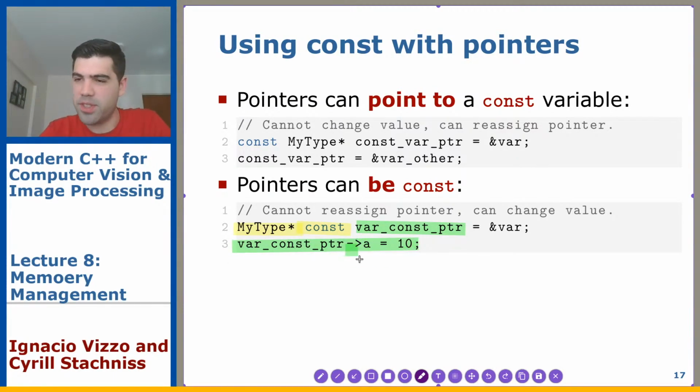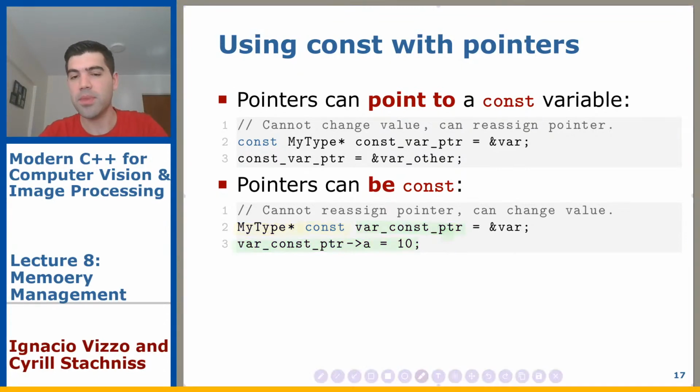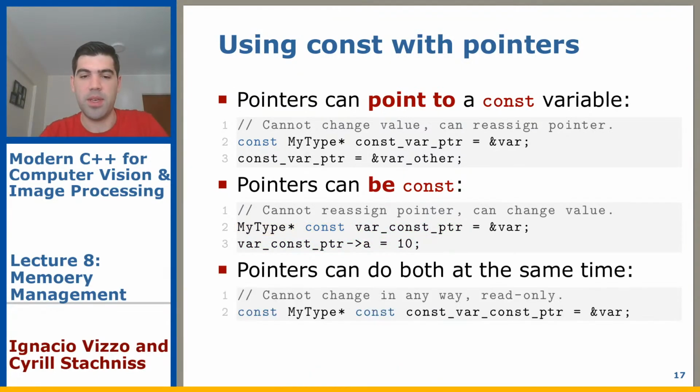No, yes, this you can do because a is any variable. What you cannot do is change the value of the pointer. This pointer is now const, so the address that it is storing cannot be changed. And then pointers can do both at the same time, so you can have a constant pointer to a constant type.